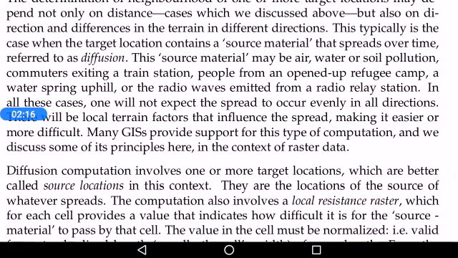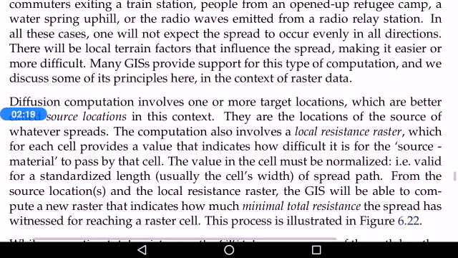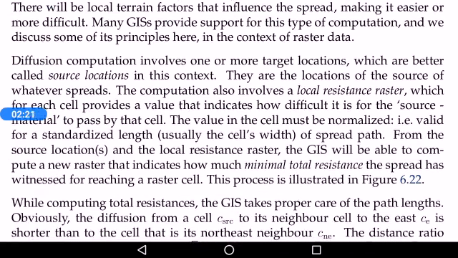So for the diffusion, first of all, we are going to have something called the source location. So our target location right now is the source location because it is the source of the material which is going to spread. Then what we are going to find out is what is the resistance which is offered by the environment, which will resist the spread of this source material.